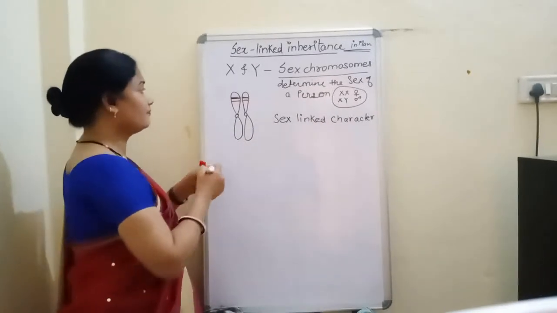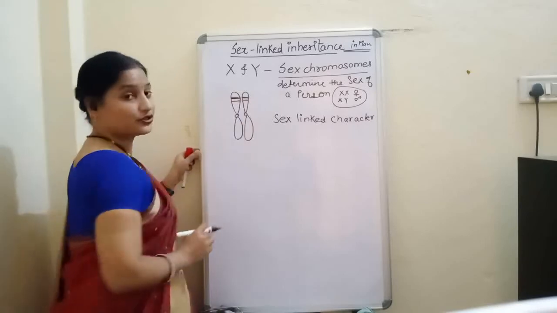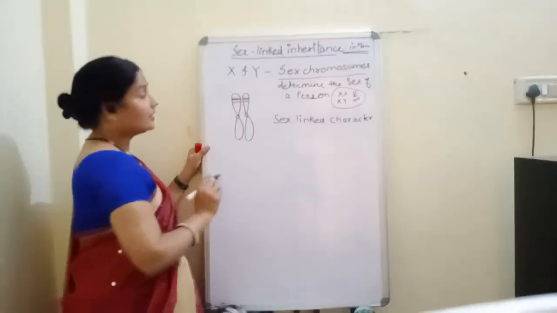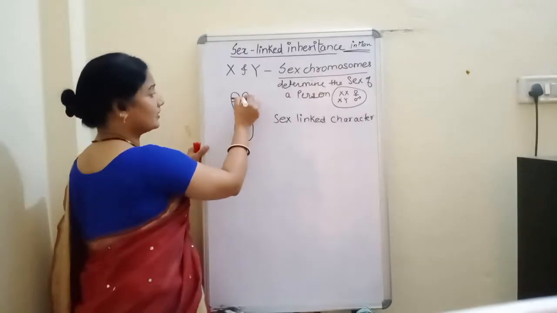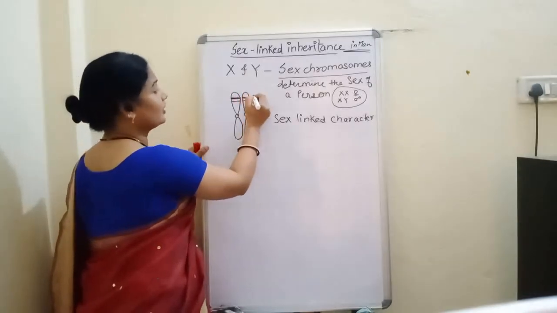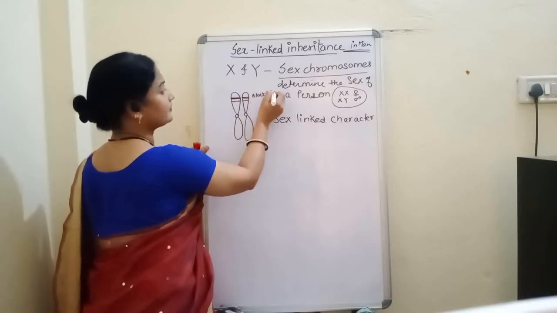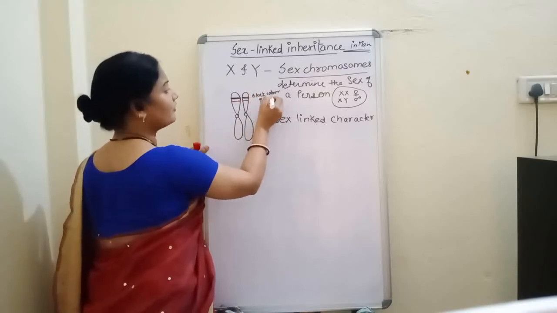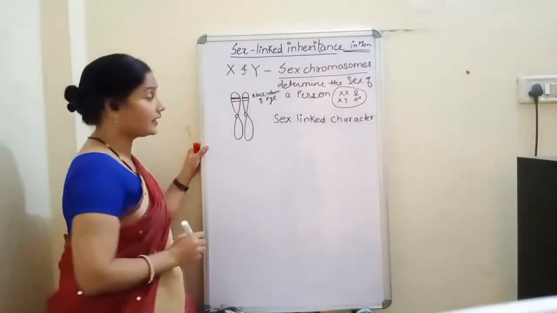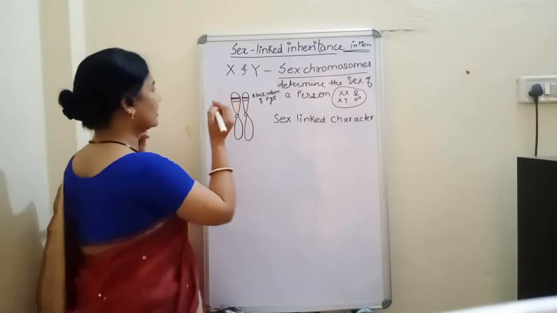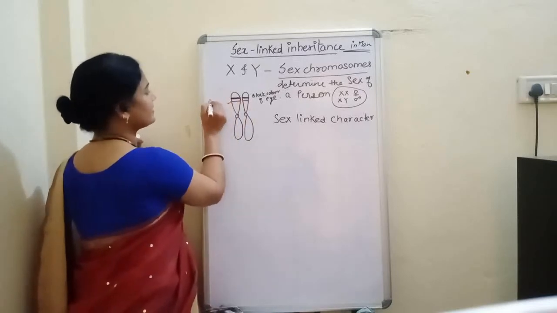For example, suppose this is a sex chromosome, okay, and it is a segment of a gene. Now suppose this black mark is for the black color of the eye. Okay, and suppose this red mark is for the brown hairs.